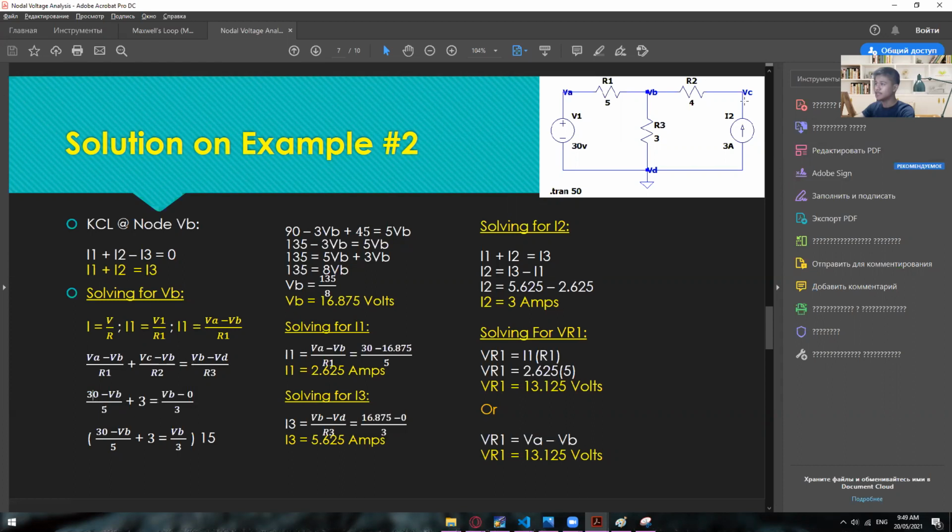And then for the I2, notice that I2 is already given as a current, so we don't need this one anymore. We can just simply say that I2 is 3. So that is why we have plus 3 right here. And then for the VB, just leave it as it is since we don't know the value of that one. And then for the VD, just minus 0 divided by 3. Okay. So are we clear so far up to this point?